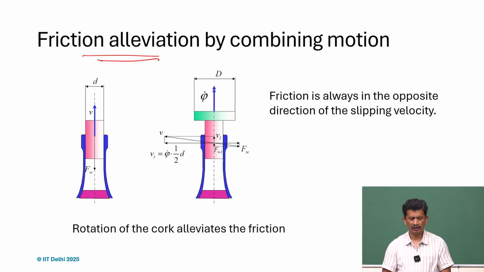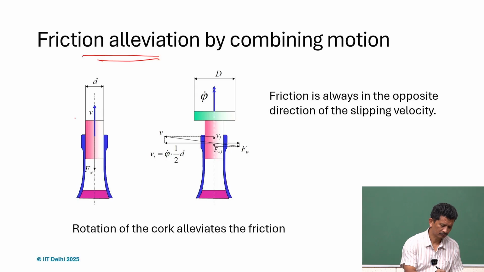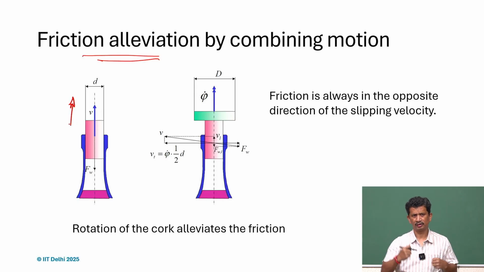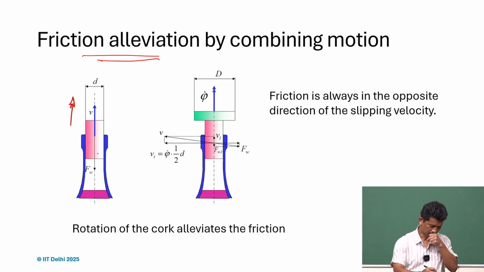A very common example, which we do many times whenever we try to pull out a cork or something which is stuck in a bottle. Usually if we just try to pull, the intended motion is just against the bottle, in this direction.